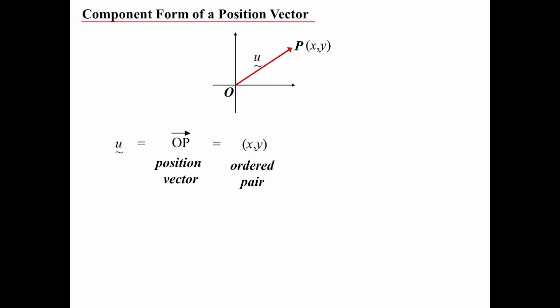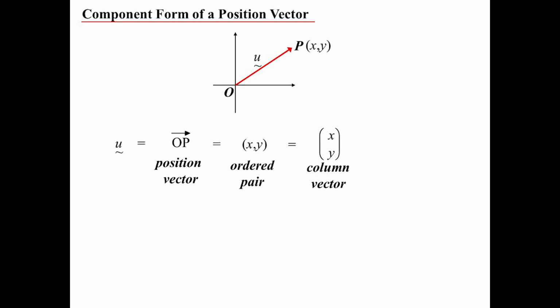If I was to write it as an ordered pair, just like we do with coordinates, that would be (x, y). I could write it as what we call a column vector, again x and y, but this time we write it vertically instead of horizontally, like the ordered pair. Now, you'll notice there is no comma there, we don't need it. Because when it's vertical, it's obvious which one's the x and which one's the y.